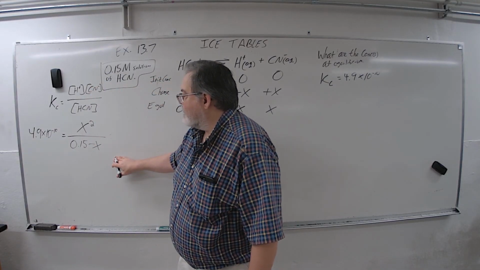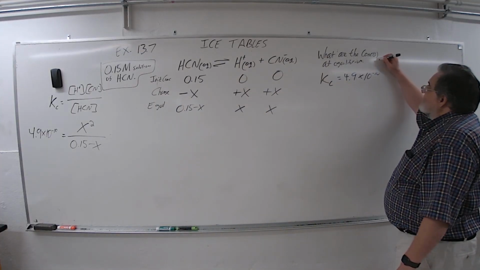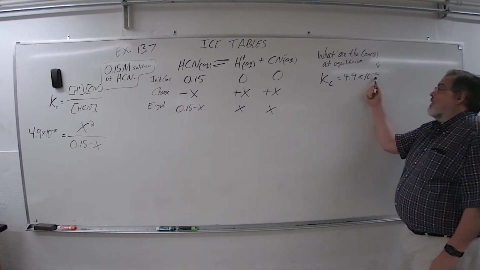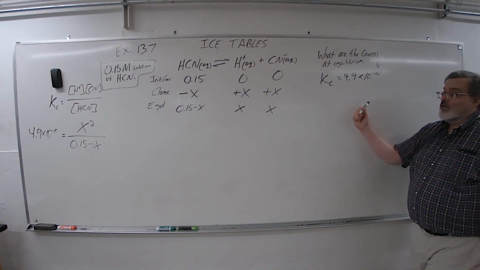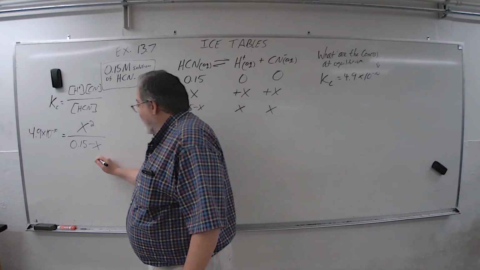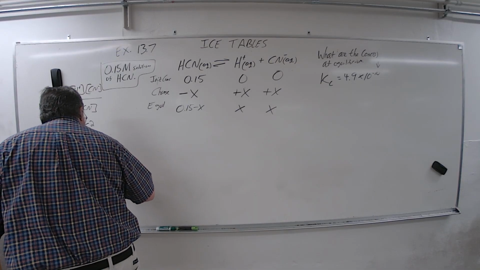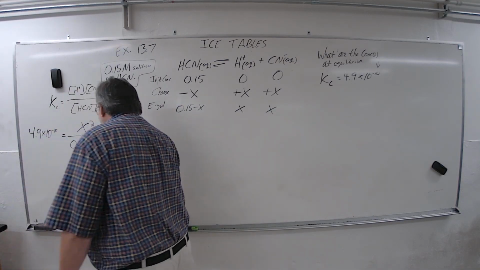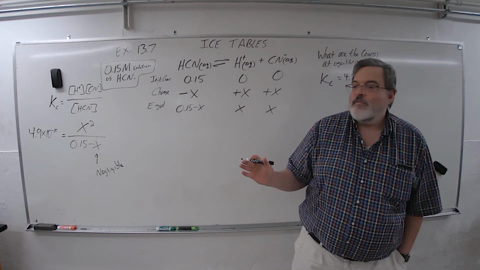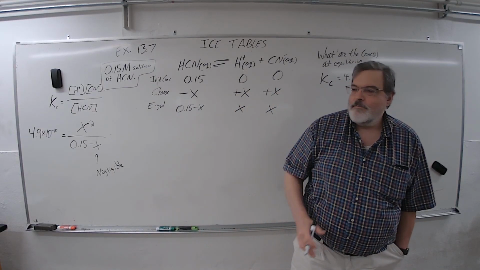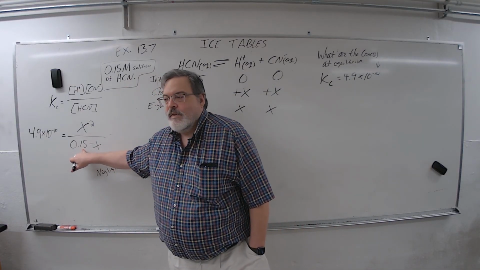If Kc is like 10 to the negative 4, or 10 to the negative 5, 10 to the negative 6, anything that's this small, you can assume this x is negligible. Meaning you can pretend it's not there, which makes this a lot easier to solve. You assume this x is really, really small compared to the 0.15.